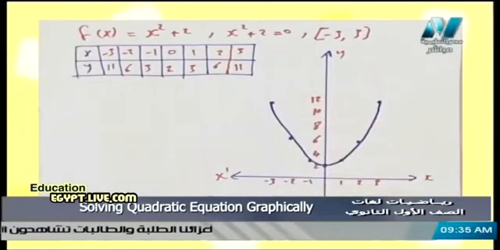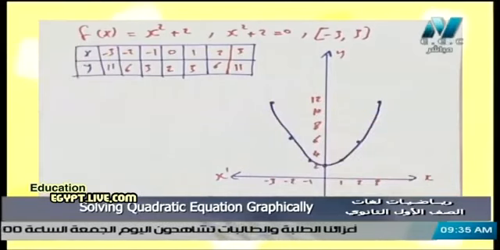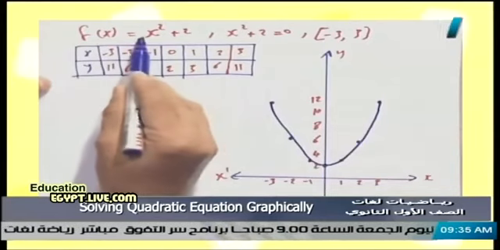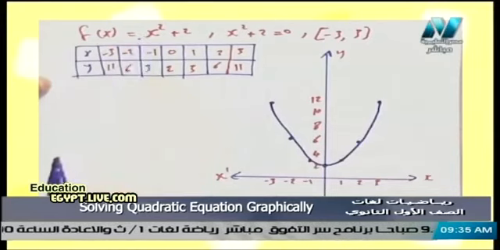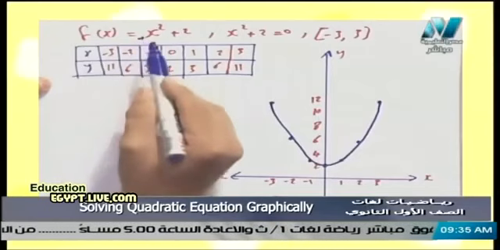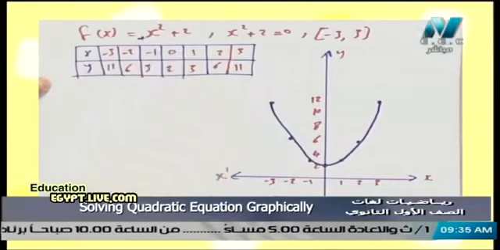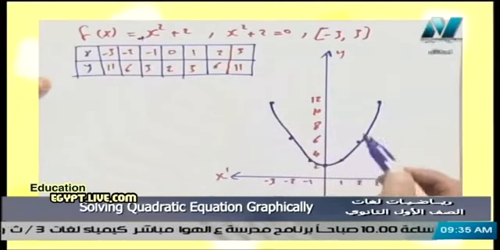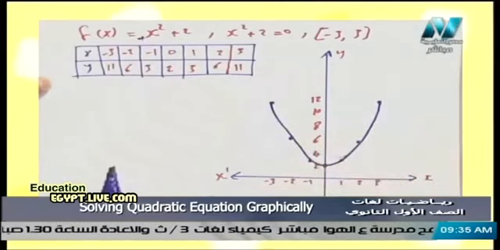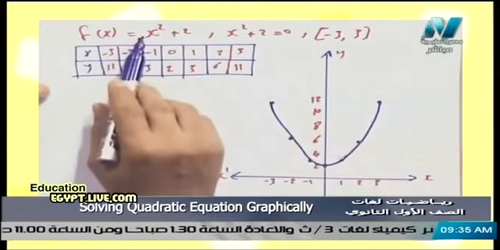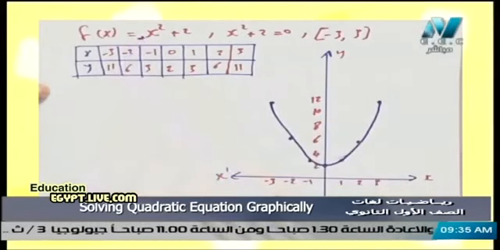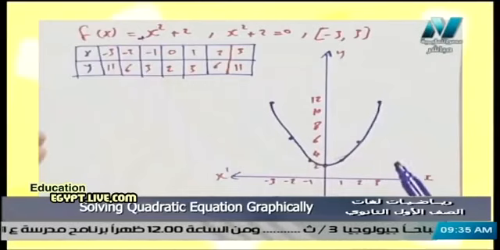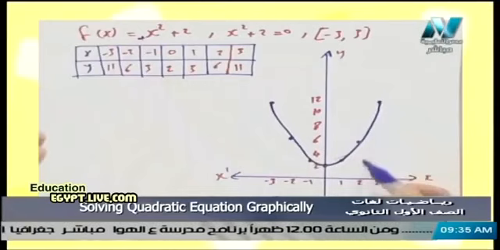We have this graph now, and look carefully, here the coefficient of x power 2 is +1, positive, so it's up. The graph is up. And if the coefficient of x power 2 is negative, it will be down. Okay? We have here the solution set.